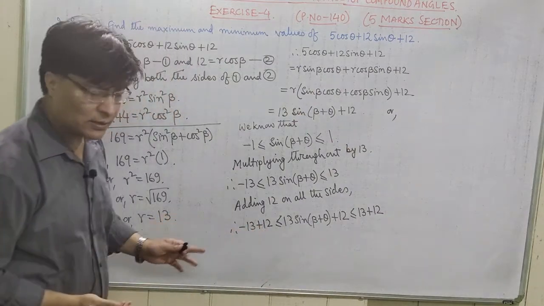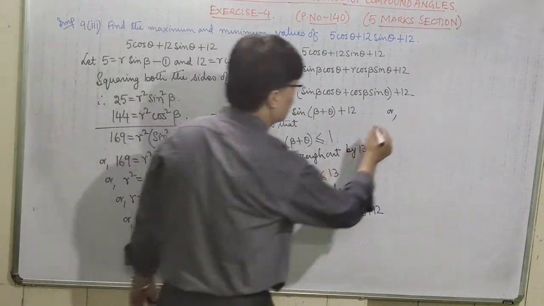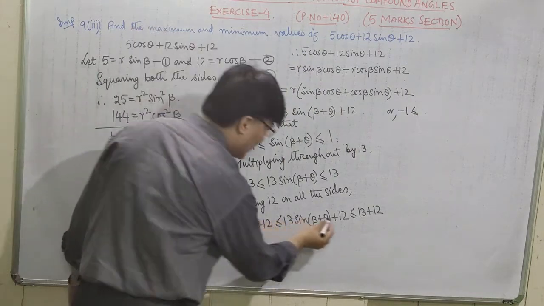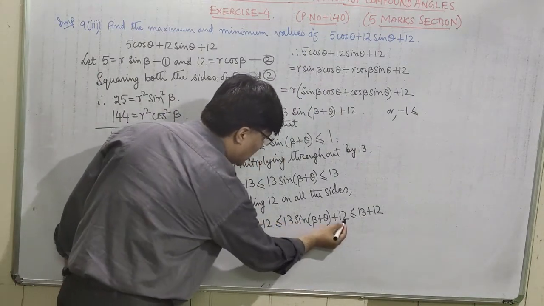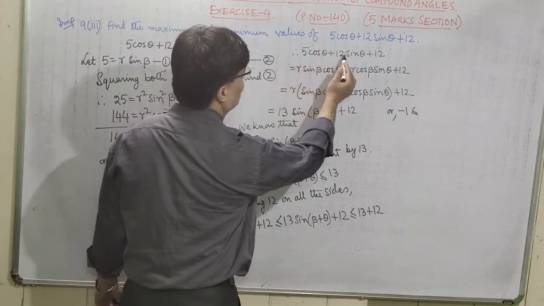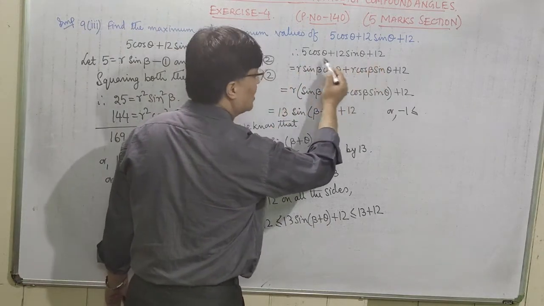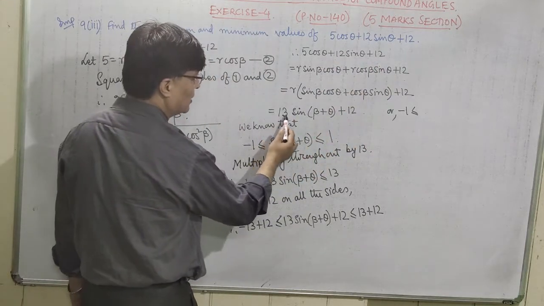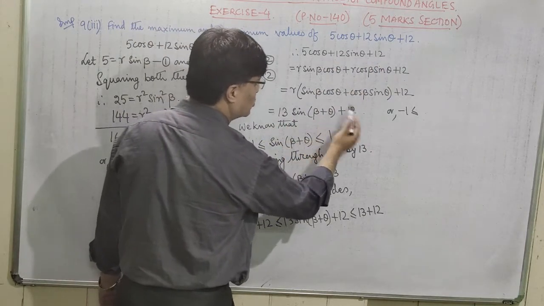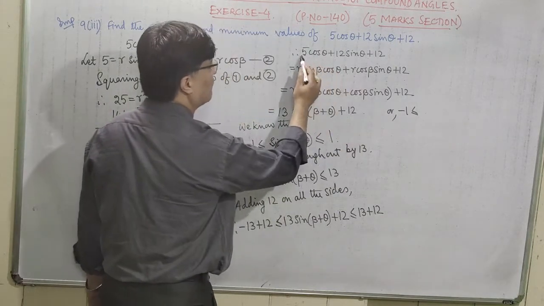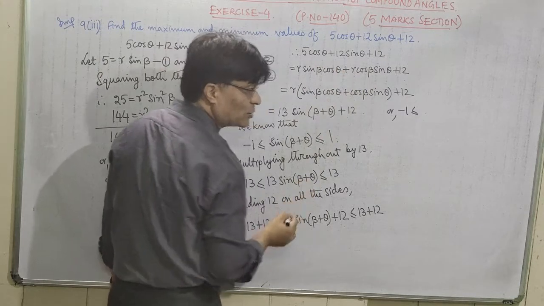So next, let us simplify it. Minus 13 plus 12 is minus 1. Less than or equal to. Again, instead of this expression, you may write 5 cos theta plus 12 sin theta plus 12, because this expression is simplified and we got 13 into sine of beta plus theta plus 12.